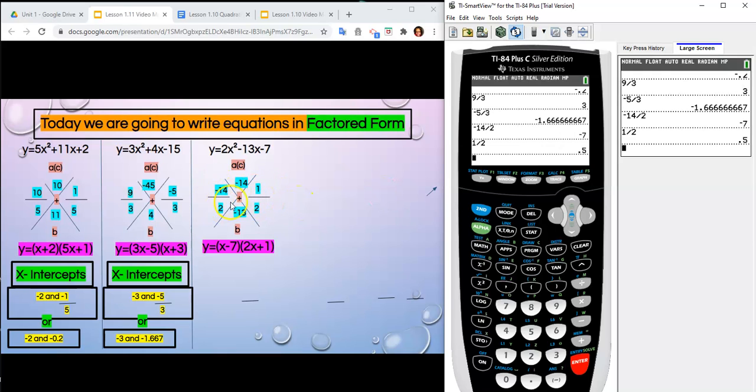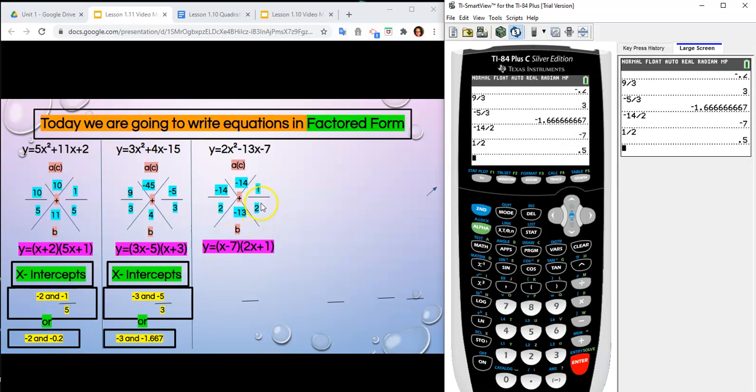But I can change -14/2 because this is actually a whole number. So that's where the 7 came from. Instead of writing -14/2, I can just write -7. So that's why I get x minus 7 for one of my factors.